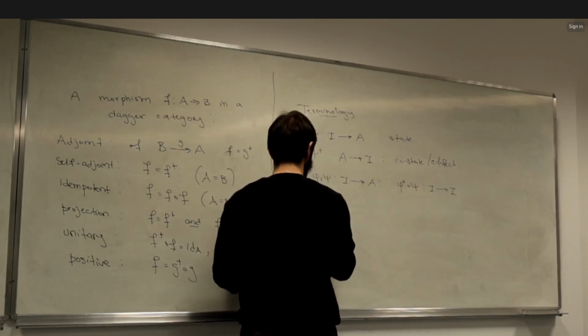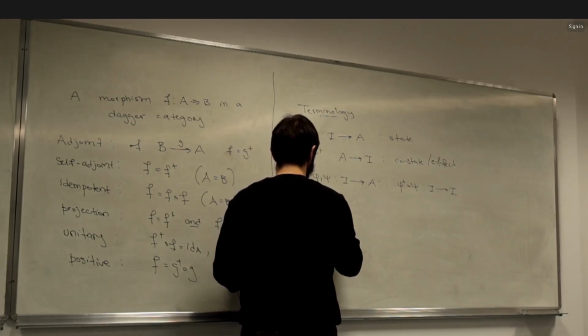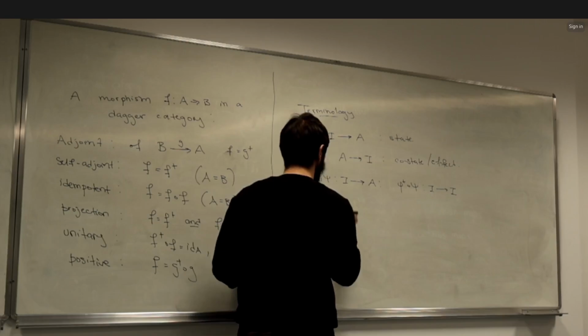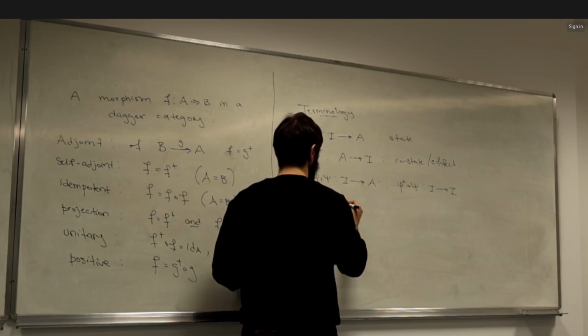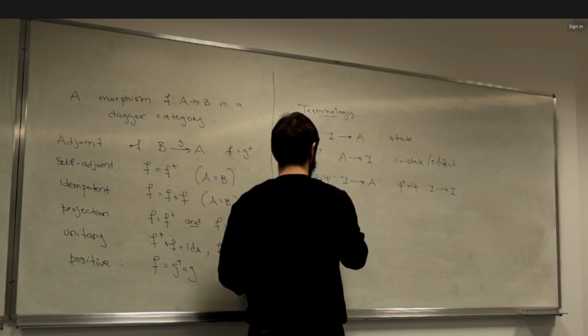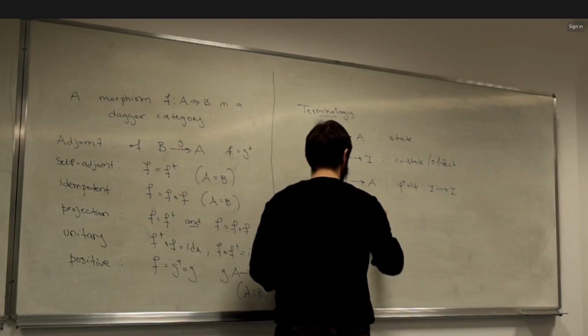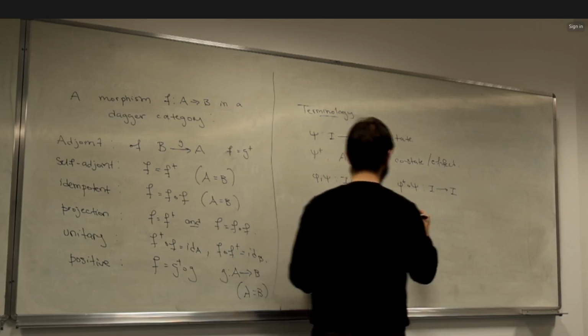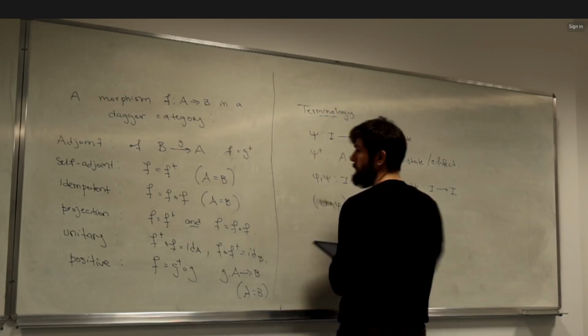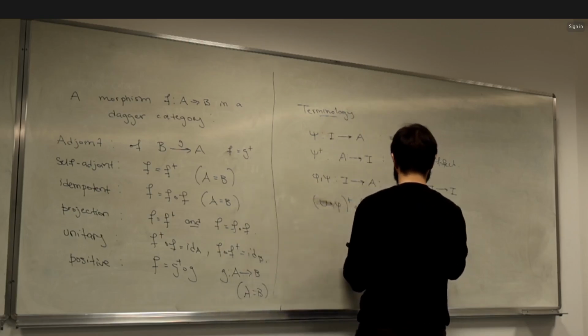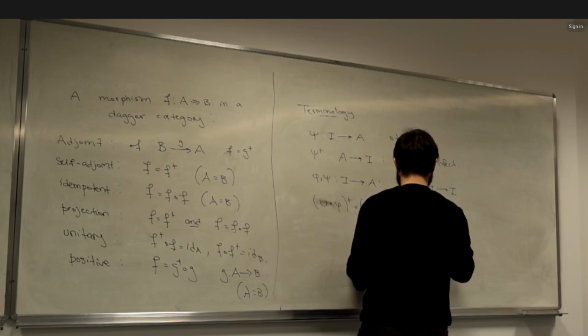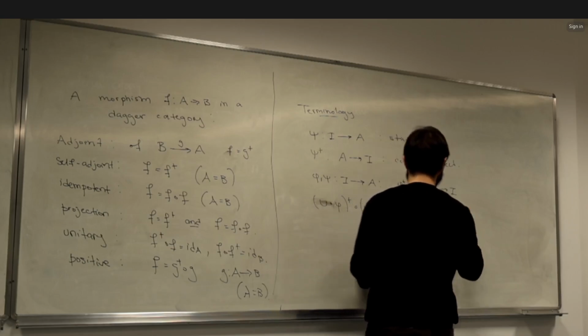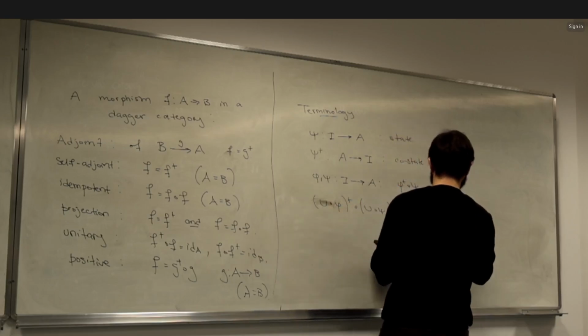So if we have phi dagger U psi, then using our properties, this is phi dagger U dagger U psi, and U is a unitary.